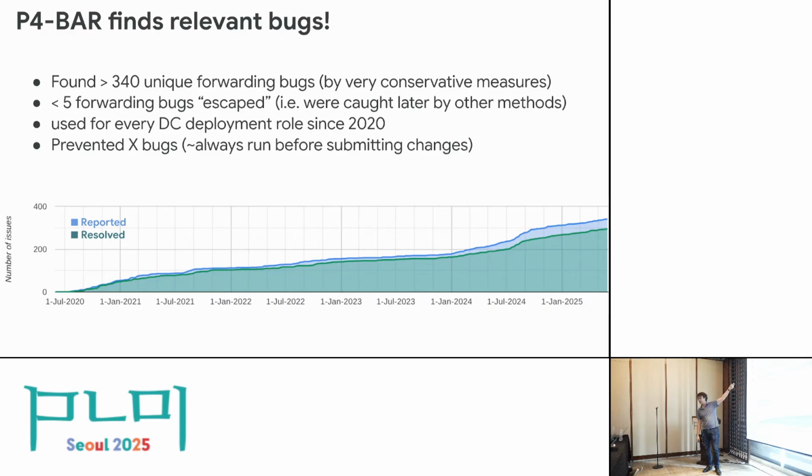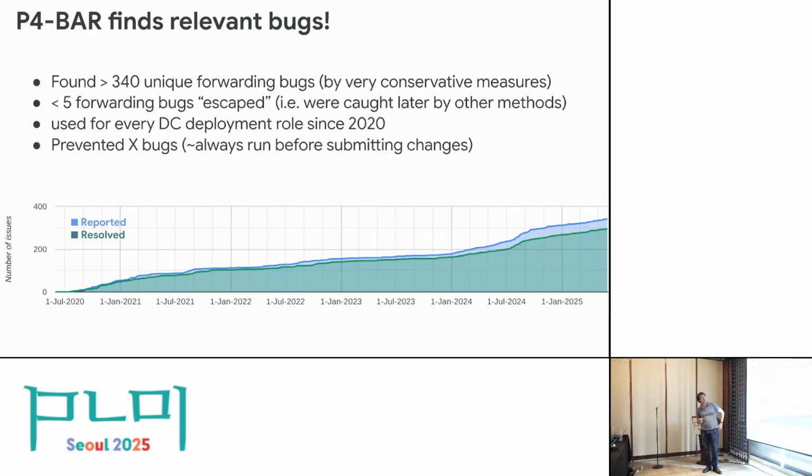And fewer than 5 forwarding bugs that we are aware of have escaped our detection, in the sense that they were caught at some later stage by other methods. Of course, I cannot tell you how many were never caught, because I don't yet know about them. But hopefully few. I guess that's the hypothesis.